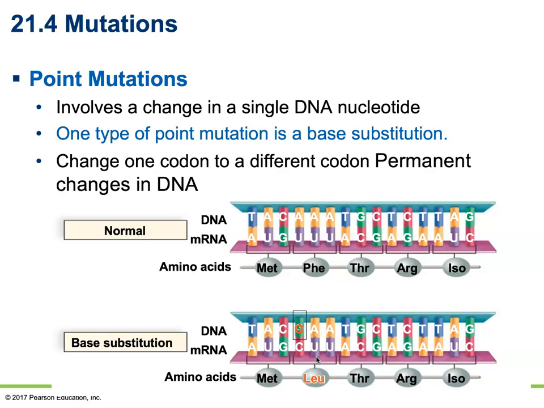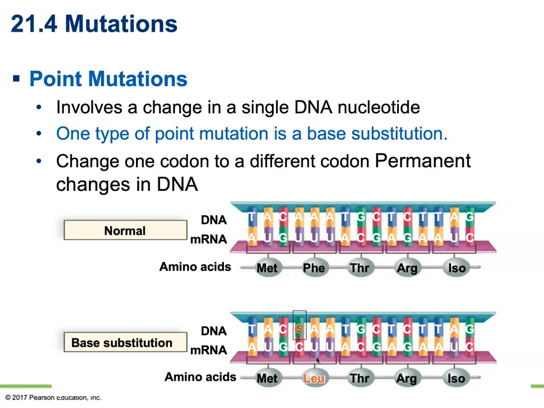This type of point mutation is sometimes called a base substitution, where one incorrect nucleotide is substituted for the correct nucleotide. This can lead to disastrous effects if it changes the amino acid that is coded for by this new codon. Or it could potentially result in a stop codon that truncates the protein early. There's also the potential that nothing will change.